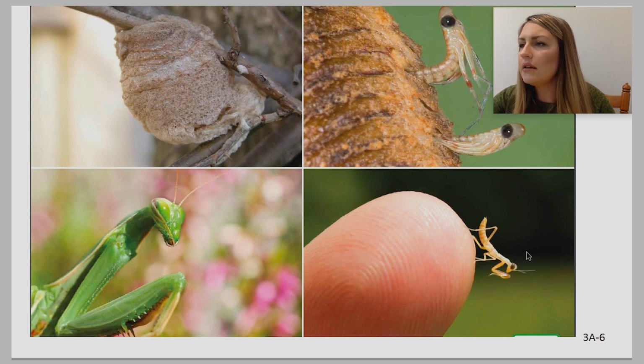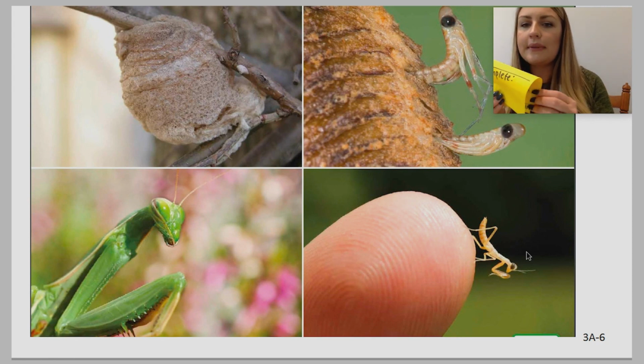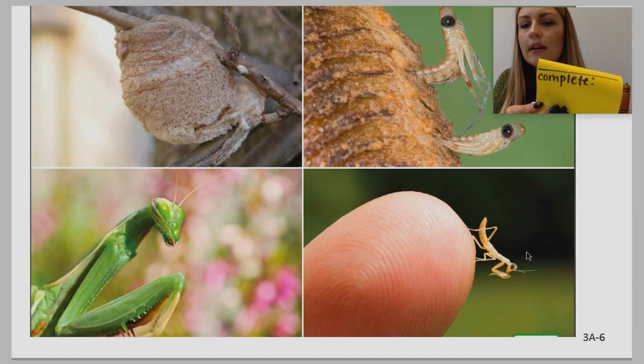And then we'll go down and look at some that go through a complete metamorphosis, including the butterfly. So if you want to make a little spot on your paper for complete, you can write down some insects that undergo a complete metamorphosis.